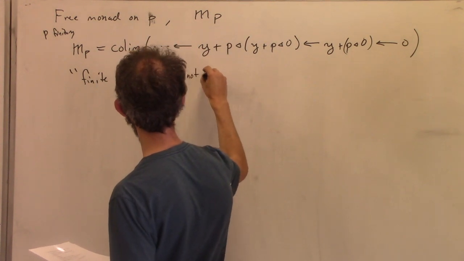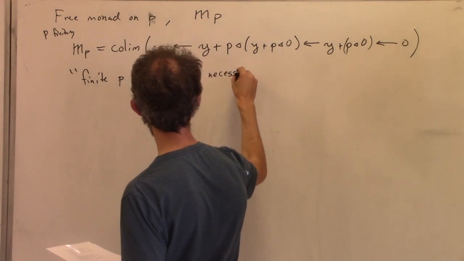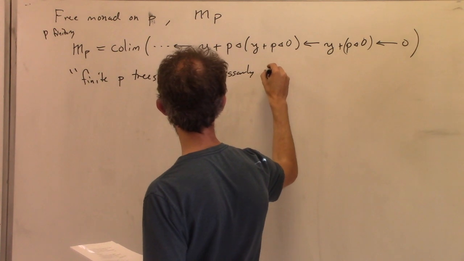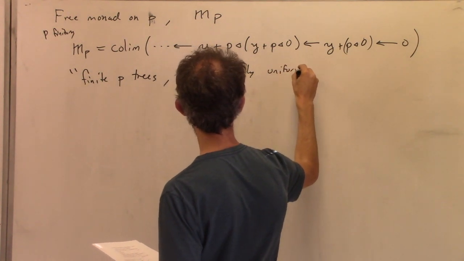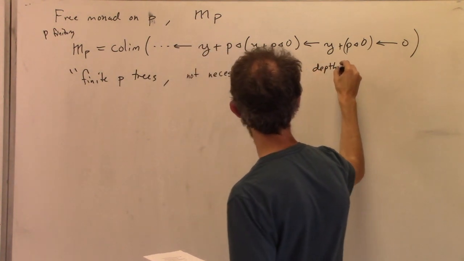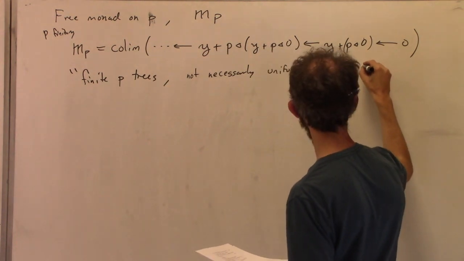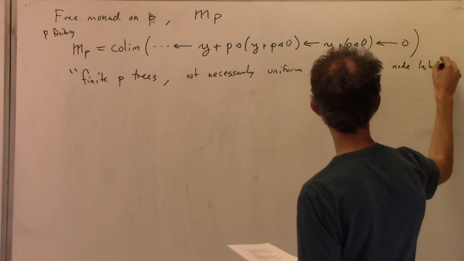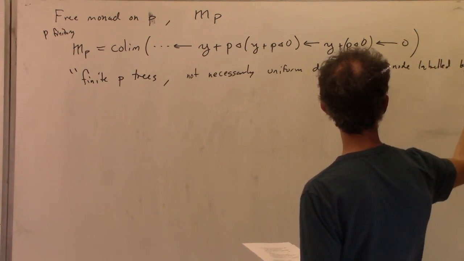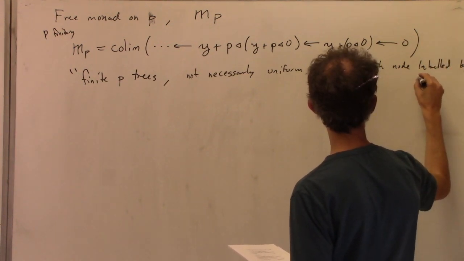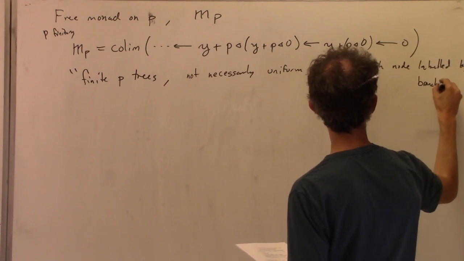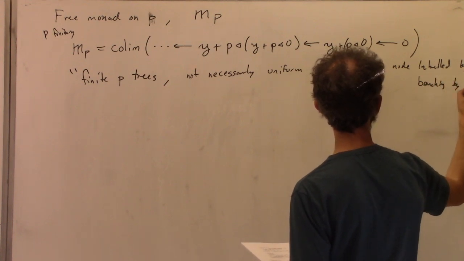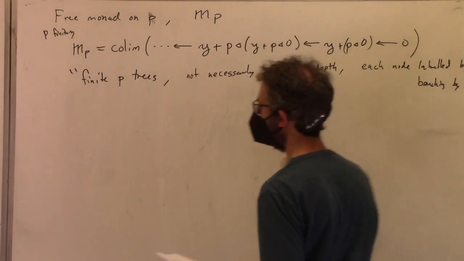Not necessarily of uniform depth, but each node labeled in the same way and branching in the same way. And I think the camera can't see this, but all I'm writing here is this.